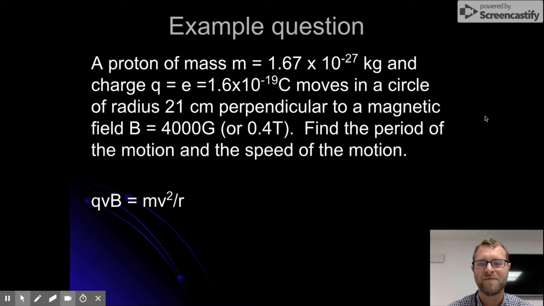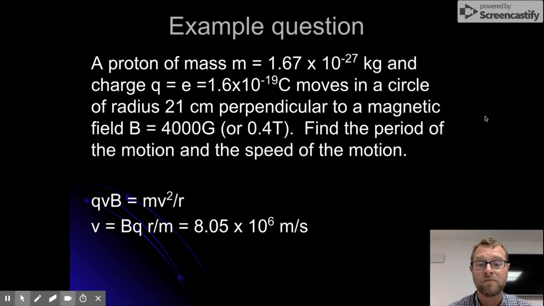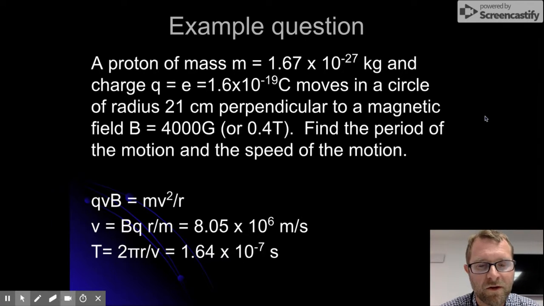Okay, let's go. We know that qvB equals mv squared over r. For this, we can rearrange for v, the velocity of the object, and everything else is known. That gives me a velocity of 8.05 times 10 to the 6 meters per second. I recognize that's a ludicrously high number, but we're just using this as a generic calculation.